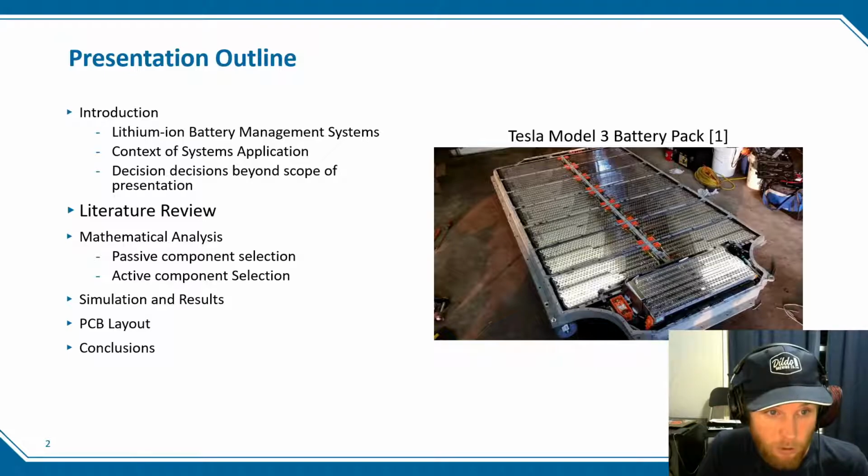We're also going to do a literature review, just looking at other researchers who have developed low form factor lithium-ion charging circuits and using those to benchmark our design.